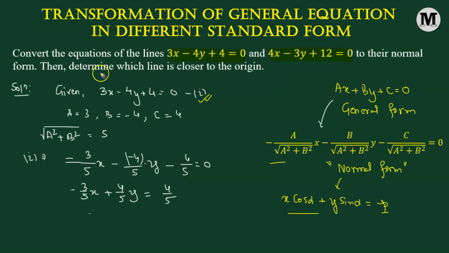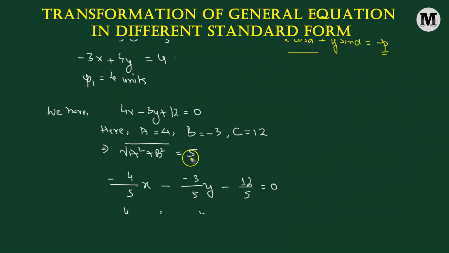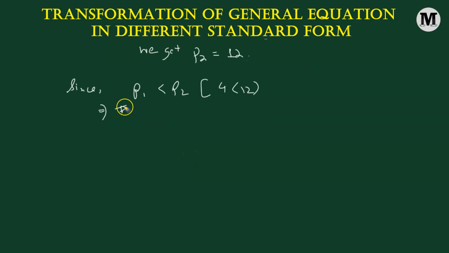Since the problem asks which line is closer to the origin, clearly it is the line given by 3x minus 4y plus 4 equals 0. It will be closer to the origin.